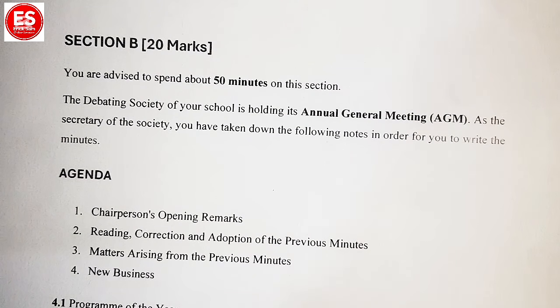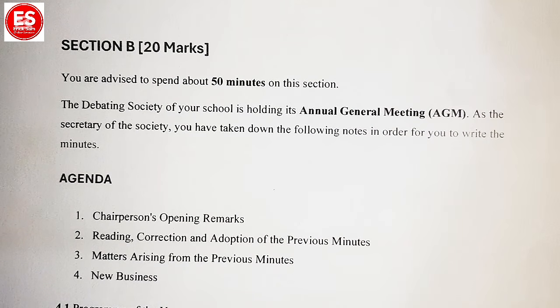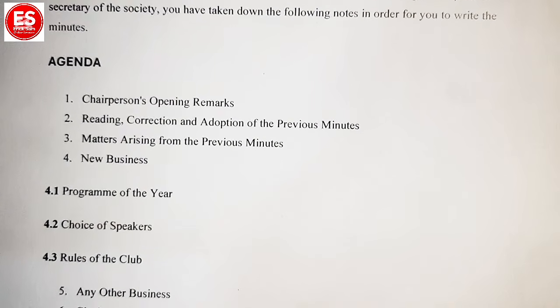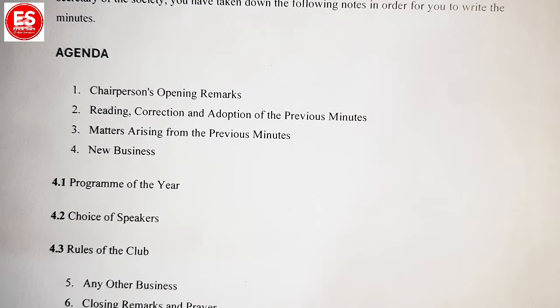According to the question, you are advised to spend about 50 minutes on this section. The debating society of your school is holding its annual general meeting. As the secretary of the society, you have taken down the following notes in order to write the minutes. We have the agenda here. What was the agenda?